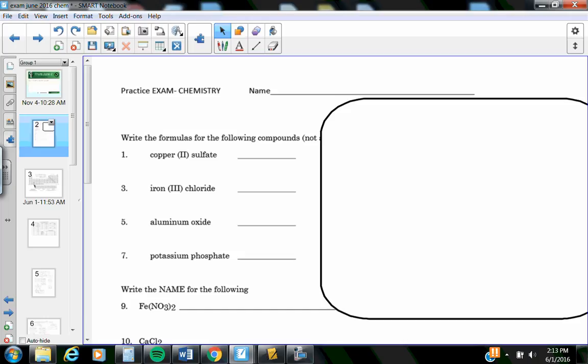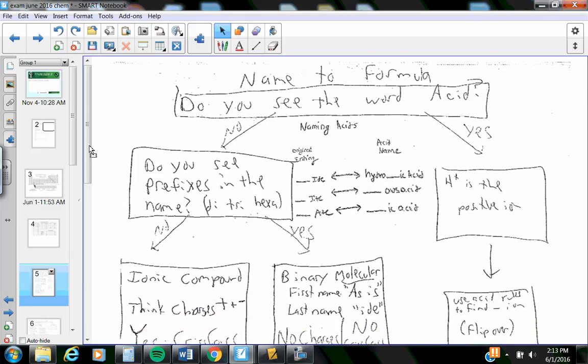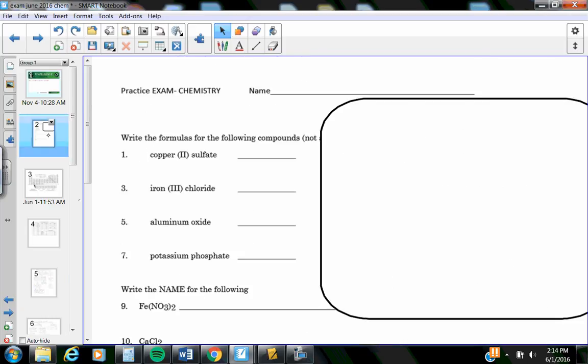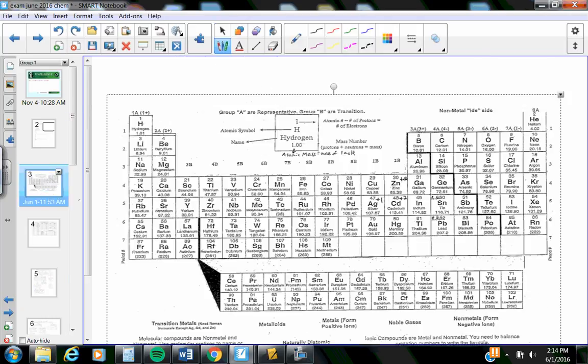First one says copper 2 sulfate. Is it an acid? No. Do you see any prefixes? No. Although I see a Roman numeral. So that's going to tell me it's an ionic compound, I have to think charges, plus or minus, and crisscross. So I look up copper. Now, copper doesn't have a charge shown because it's a transition metal.